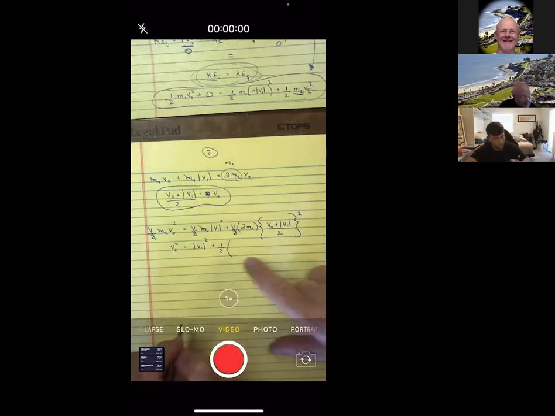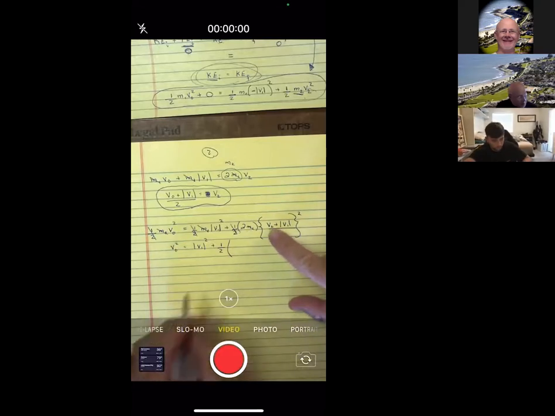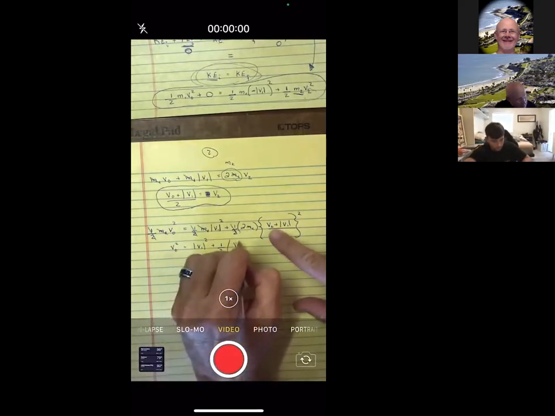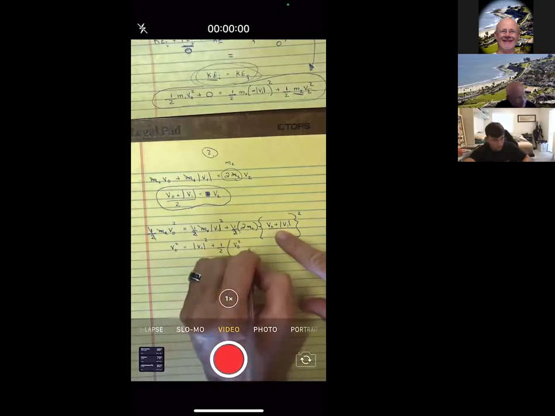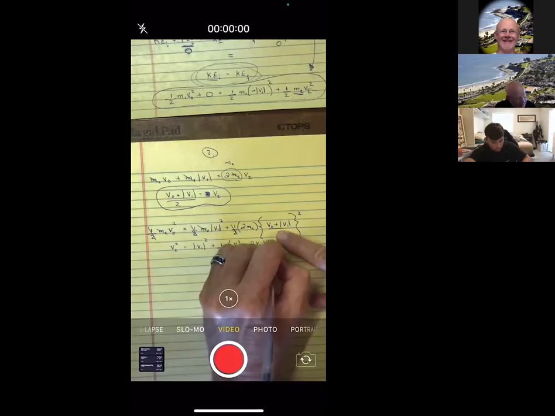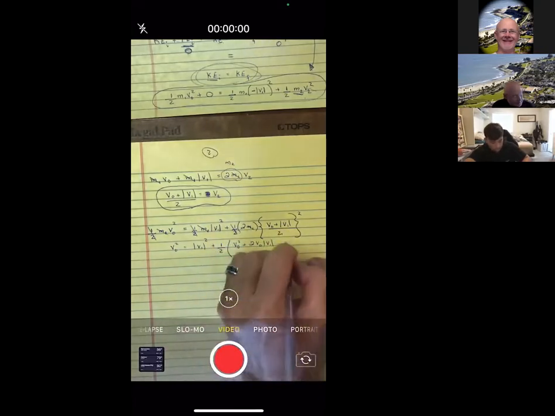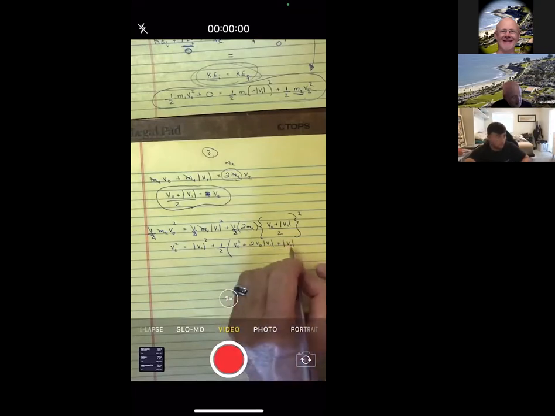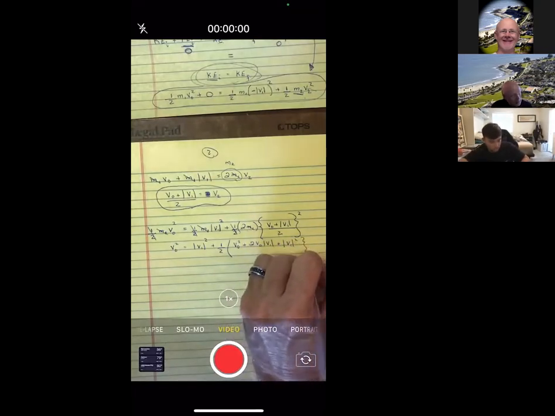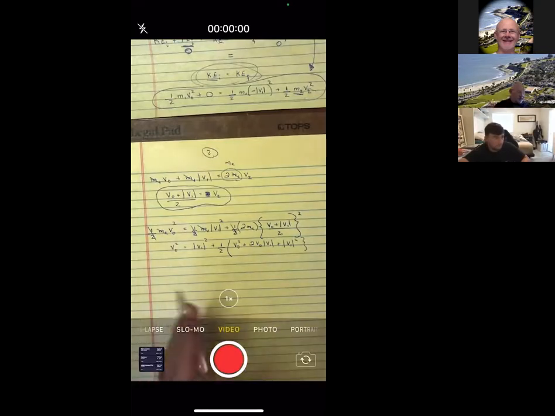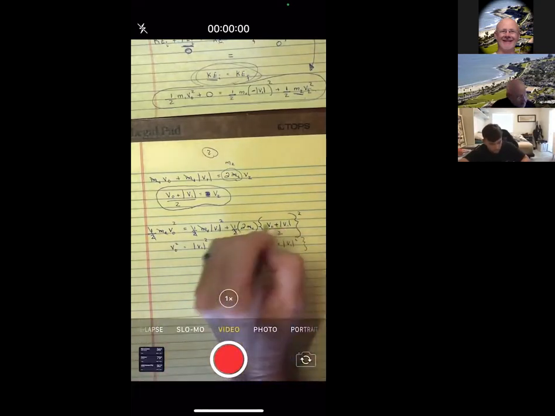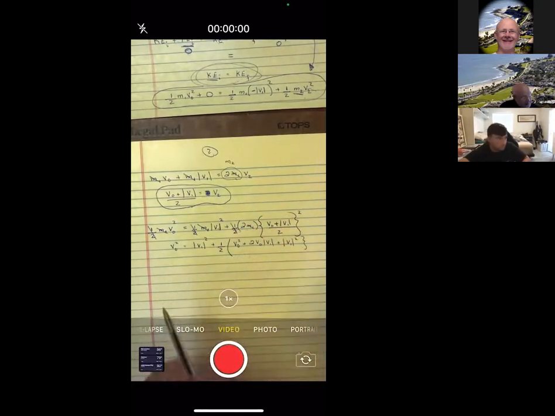And then I would have this quantity squared, which would be V naught squared plus 2 V naught times the absolute value of V1 plus the absolute value of V1 squared. So that's your A plus B squared.